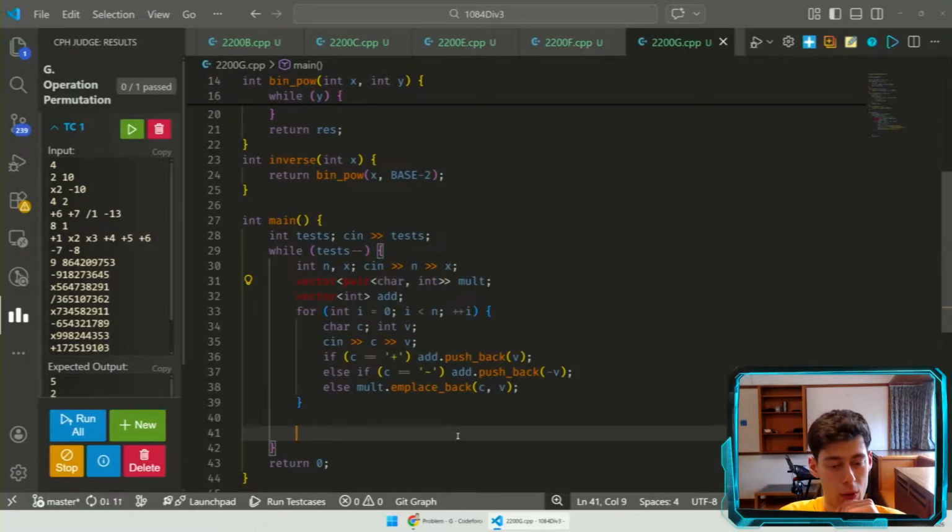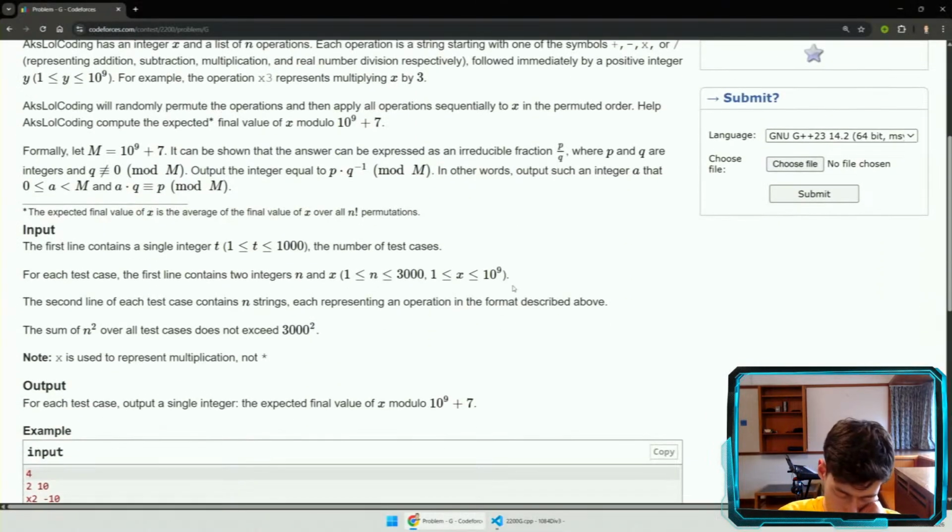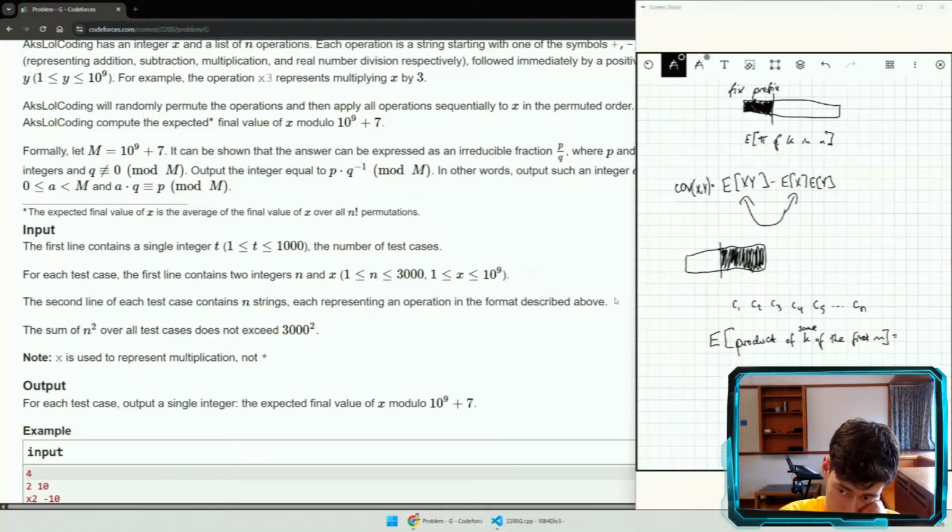But then how do you do this? So you need to do a dynamic programming style approach of the expected product of some k of the first m in these multiplicative coefficients. And if you've got the answers and you're moving to a k of this m, how do you do that transition?